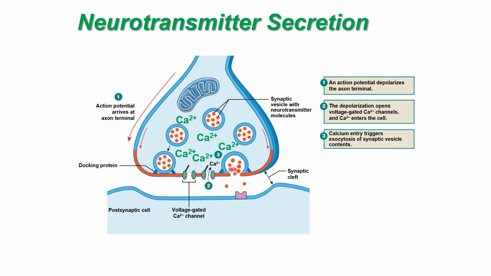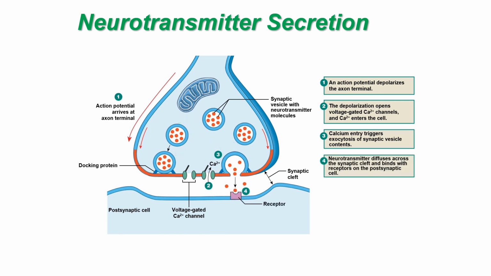There are those docking proteins. And we get diffusion of neurotransmitter into the synapse. And if that cell has receptors, it doesn't always. Sometimes it gets those problems. Sometimes we have autoimmune disorders and things. Some of those molecules will bind the receptor, triggering a response.